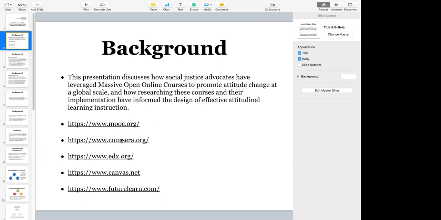If you look at the list here, it shows other courses. MOOC.org, I believe, is a website that edX.org has created. But basically Coursera, edX, FutureLearn, all these websites are really big MOOC websites that offer a variety of different topics.